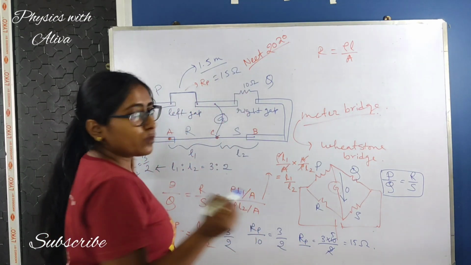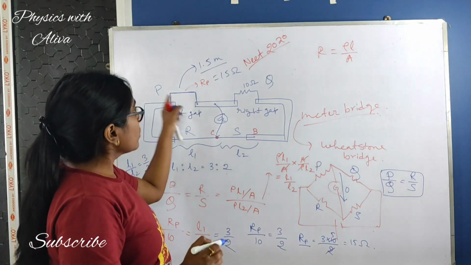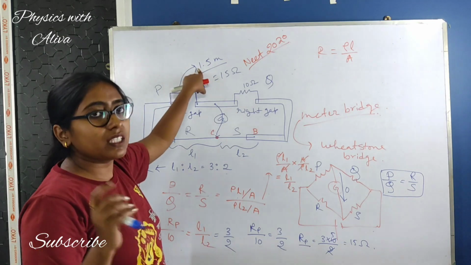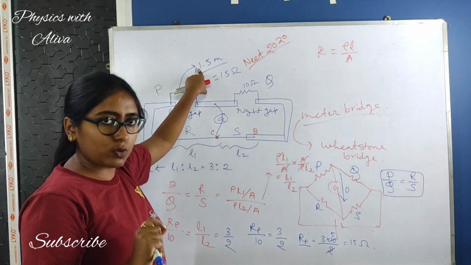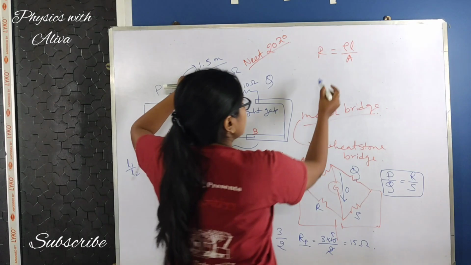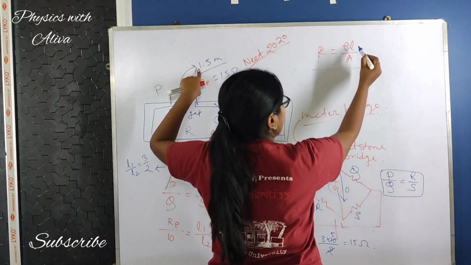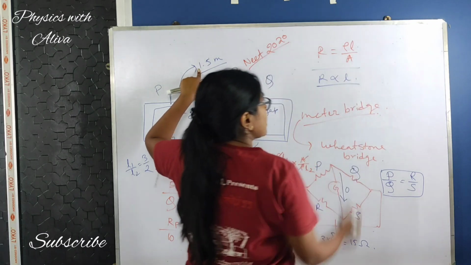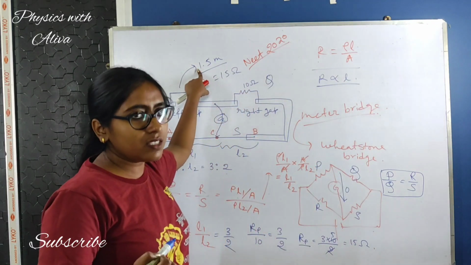Now in the question it was asked to get 10 ohm resistance, what will be the length of this resistance wire? Okay, from here we can see the relation of the resistance and the length of the resistance wire is directly proportional, right? When the length increases, the resistance increases.